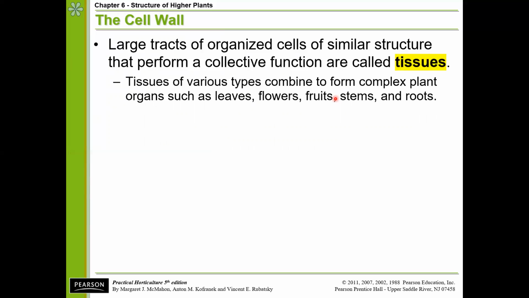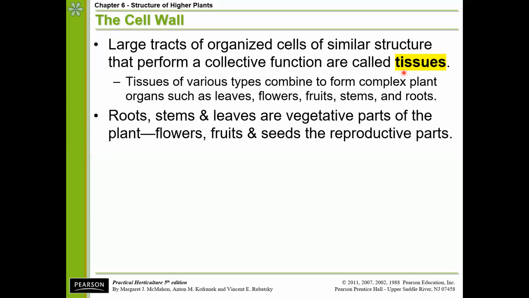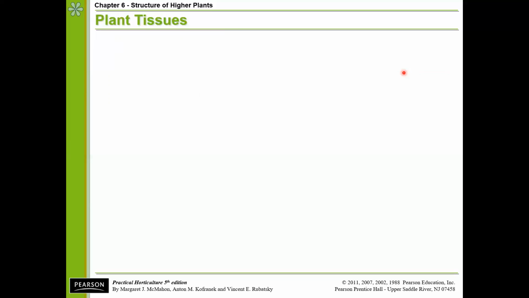Whenever we have large areas of organized cells that have a similar structure, they combine to make the organs of a plant through developing large swaths of plant tissues. It's really the same as it is in humans and other animals. It's just made up of different stuff.